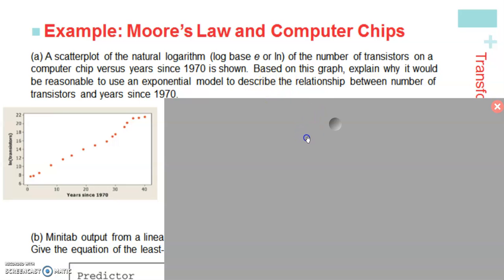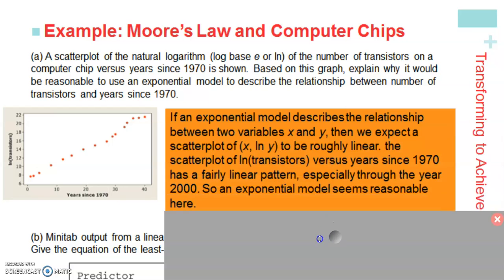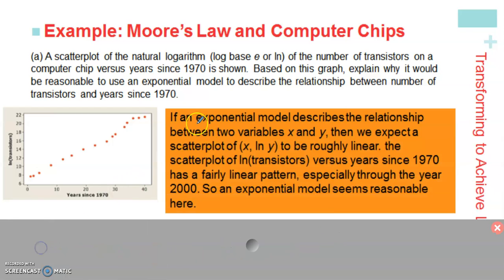Now, based on this graph, explain why it would be reasonable to use an exponential model to describe the relationship between the number of transistors and years since 1970. Basically, all we are looking for is this to be roughly linear. If an exponential model describes the relationship between two variables x and y, then we expect a scatter plot of x comma ln of y to be roughly linear.